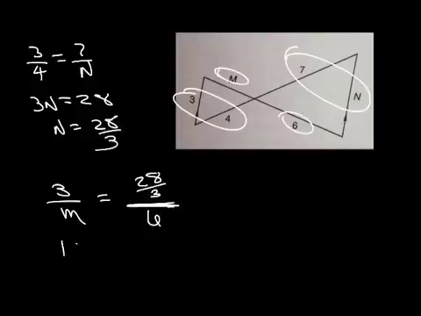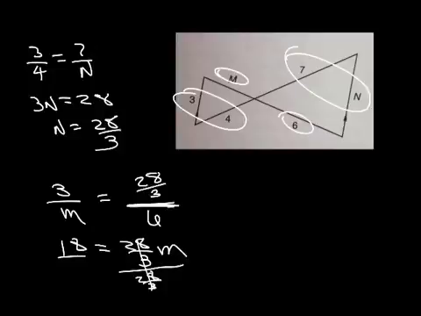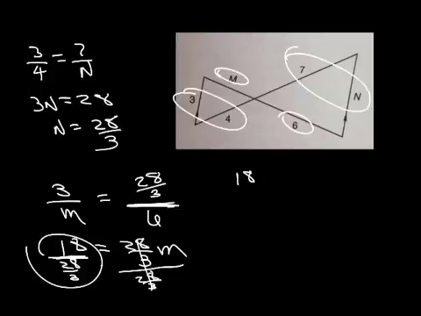So then I cross multiply. Divide by 28 over 3. Those go away. Okay, so let's take this and move it over here.